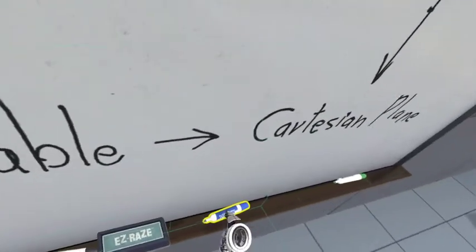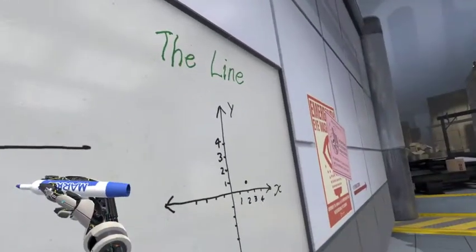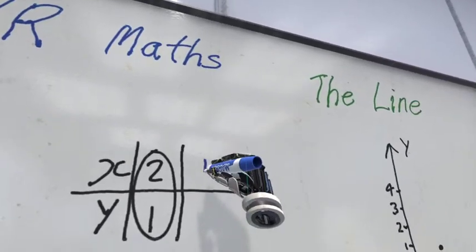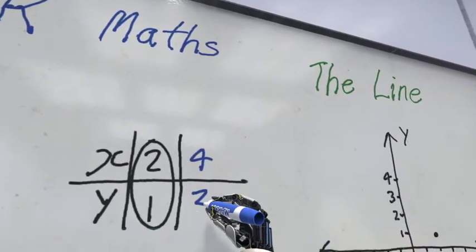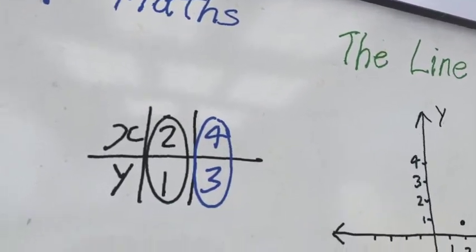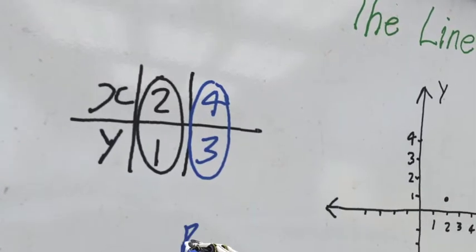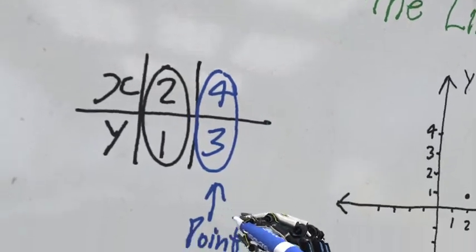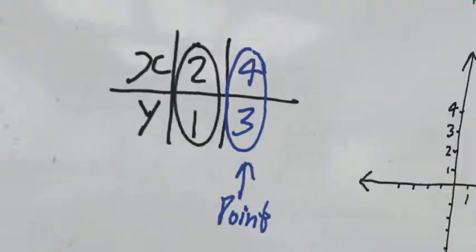So if we write another one in a different colour, and we put in, let's say, 4, 3. So there's another point. All right, so this is a point. That's a point. And that's a point.